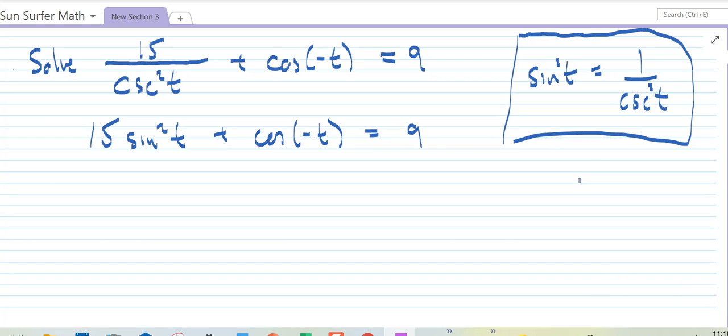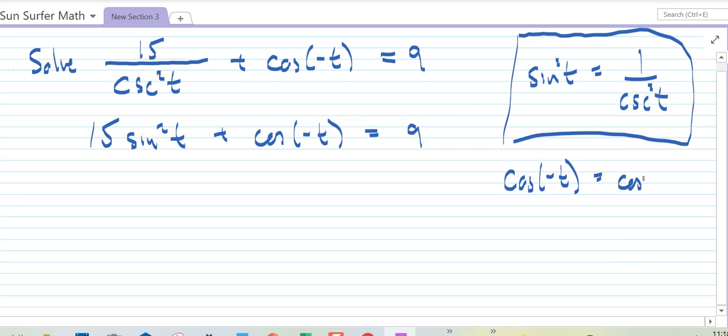The next identity I want to use is one of the negative angle identities. That's going to get rid of this negative angle, because here we have a negative angle, but over here we have a positive angle. Just like changing all of our trig functions into sines and cosines, it's also easier if we can change all of our angles into positive angles. We know that the cosine of a negative angle is equal to the cosine of the positive angle.